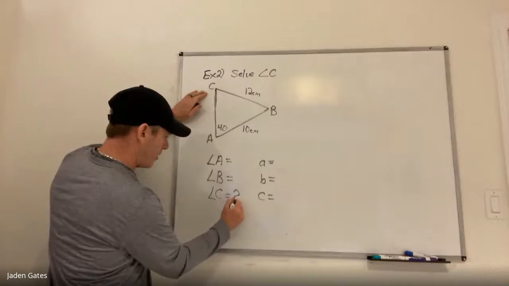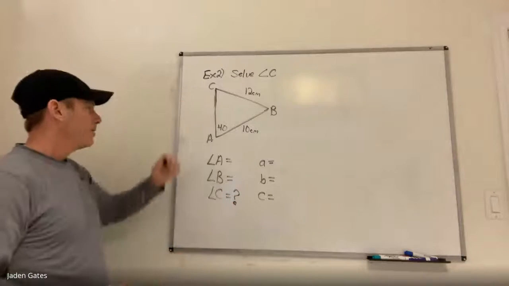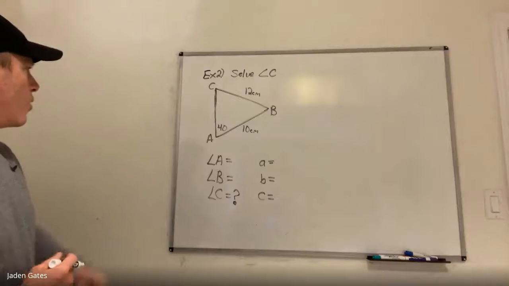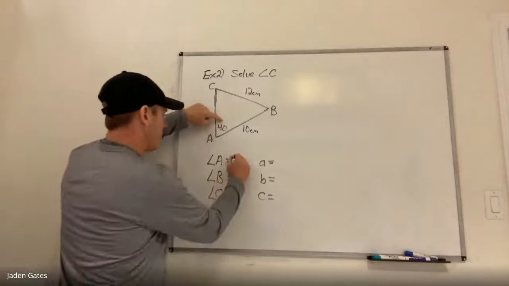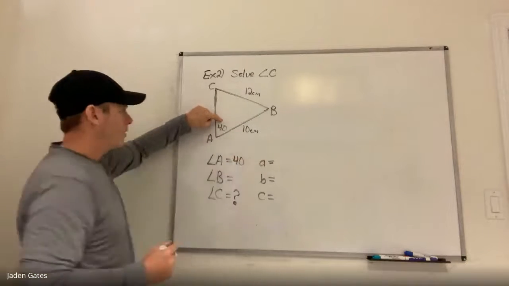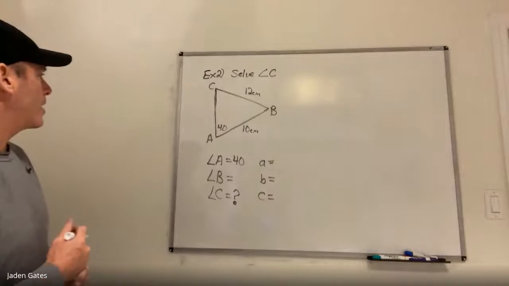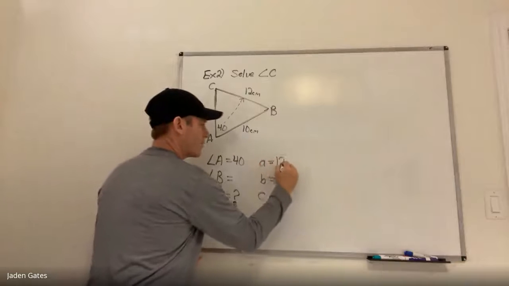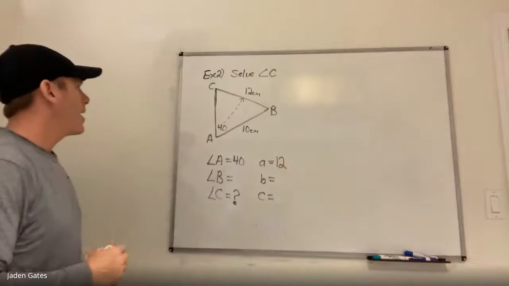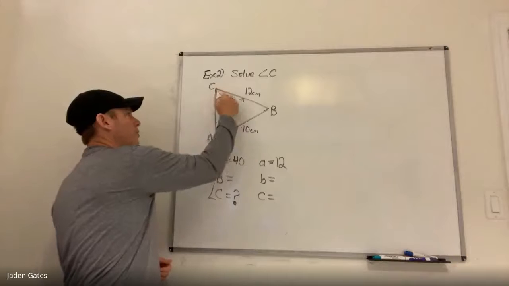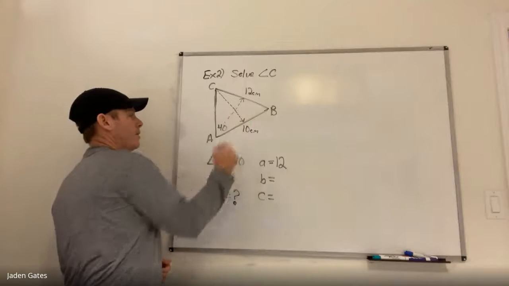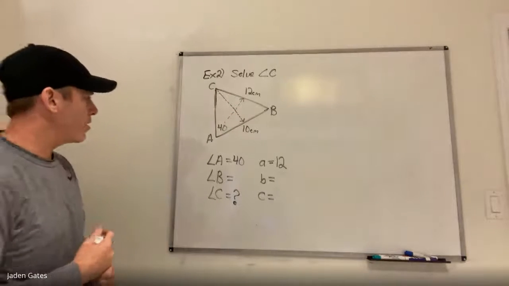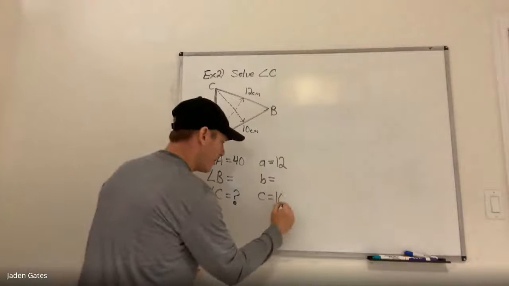Angle C. Put a question mark there. All right, what else do I know? Again, I know my angle A here is 40. All right, now sides. Across from angle A, that would be side A, so that's a 12 there. And lo and behold, across from angle C here, we have side C, which is 10.